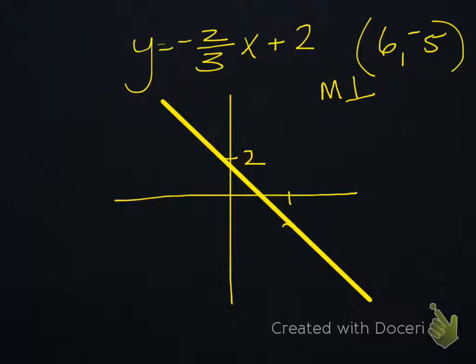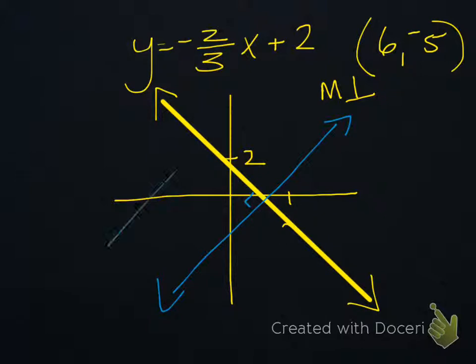So what we're trying to do is write the equation that's perpendicular to this line. Now perpendicular lines form 90-degree angles. So that's pretty easy to judge. Let's do a different color. This line's got to go like that, and it's got to form a 90-degree angle.